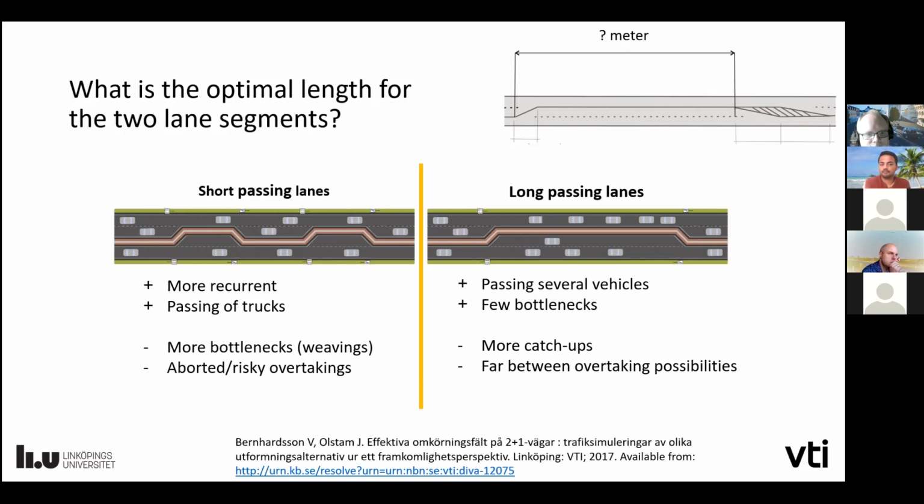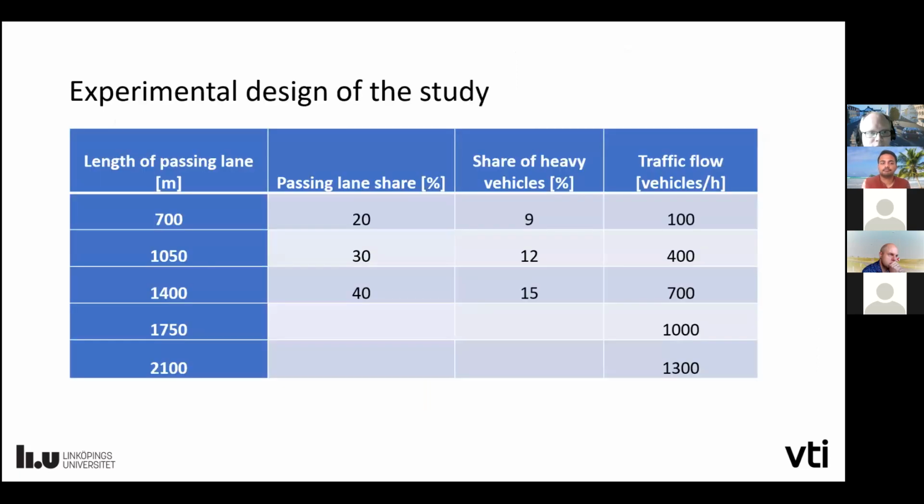So there are pros and cons, and we were interested in investigating whether there is an optimal length. We designed a road where we varied the length of the passing lane. We also looked at different passing lane shares. As I said, 40% would be that there are always 3 lanes in both directions, but sometimes we have roads with lower shares for different reasons.